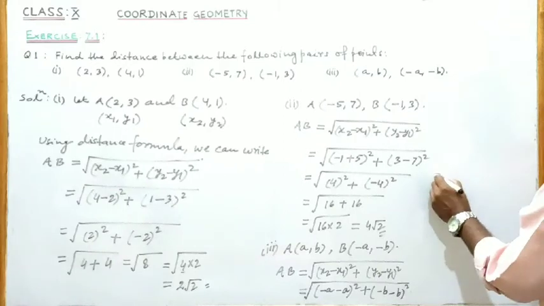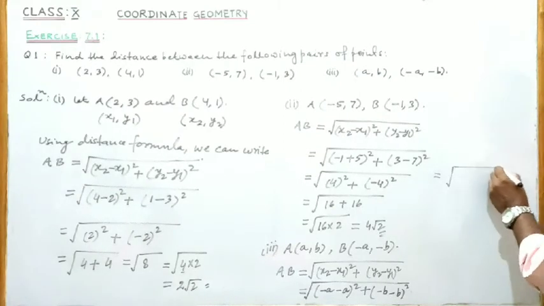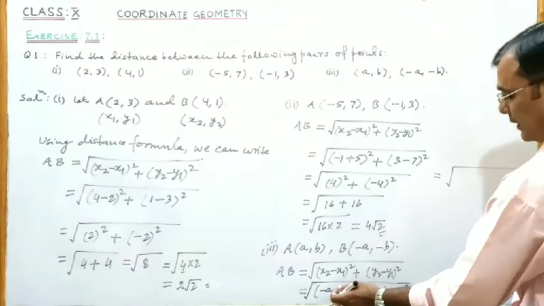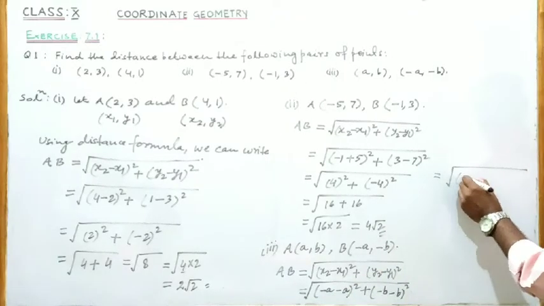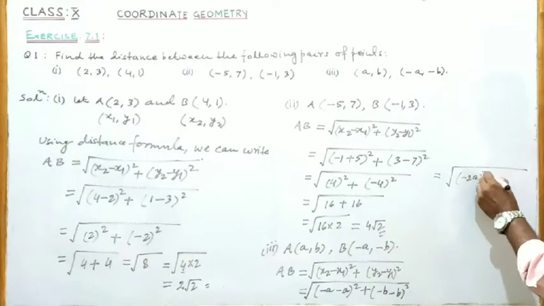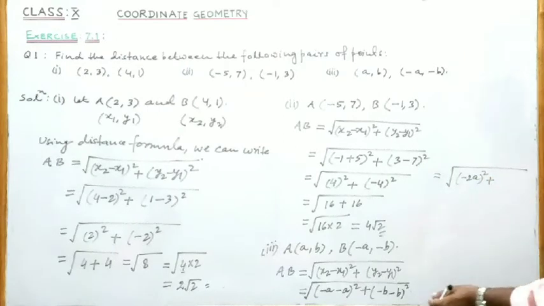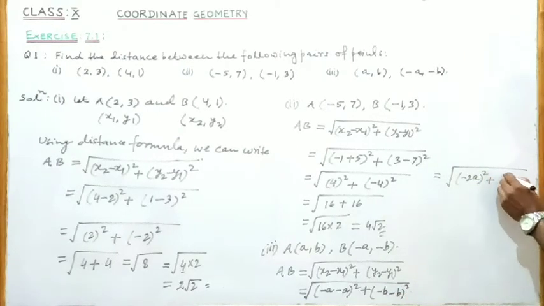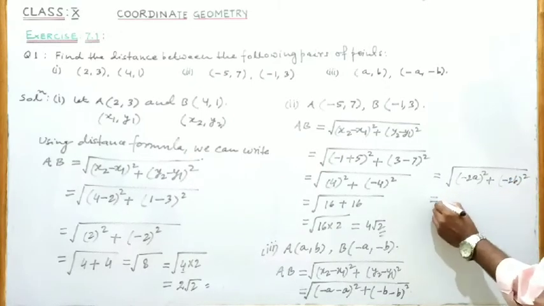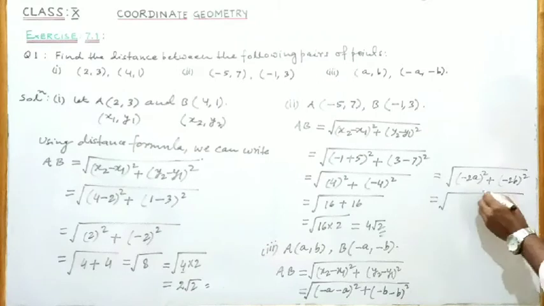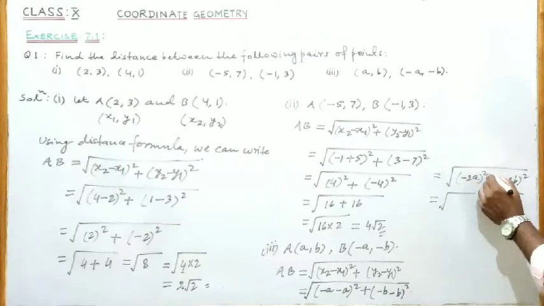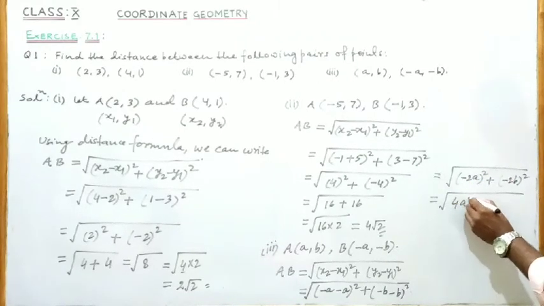This is equal to under root (minus A minus A), that is (minus 2A) whole square, plus (minus B minus B), (minus 2B) whole square. This is equal to (minus 2A) whole square, 4A square.